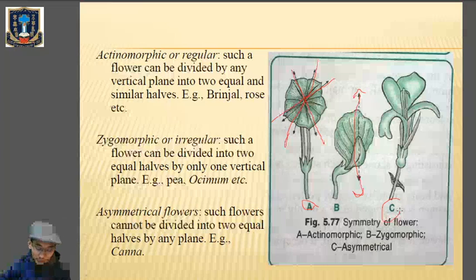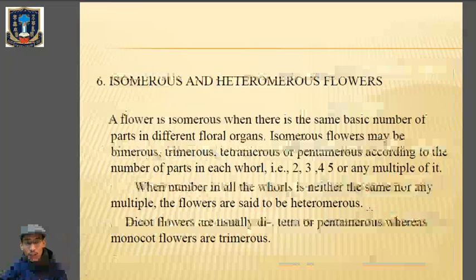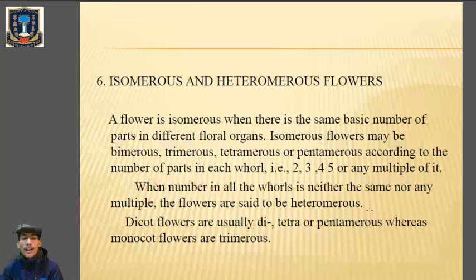Clear this one? Now next one we'll talk about isomerous and heteromerous flowers. Iso means same. Okay, a flower is said to be isomerous. Remember the term iso means same. Such flowers have the same basic number of parts in the floral organs.